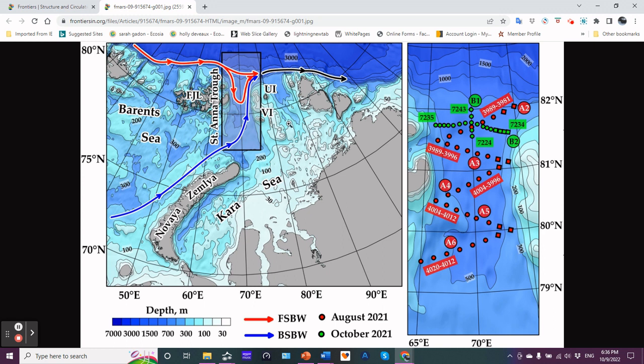And now, if you look at the topography, right, the white to the light blue are shallow water. Then we get down to 7,000 meters. And as we can see, we can see the 3,000 isopleth line there.